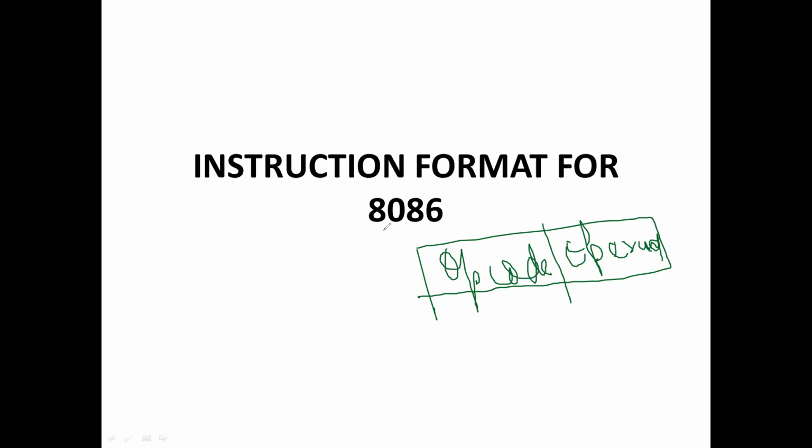Now in case of 8086, we have seen most of the instructions are having both source and destination mentioned in the instruction itself. For example, move, if we want to move data from BX to AX, then source and destination are specified in the instruction.